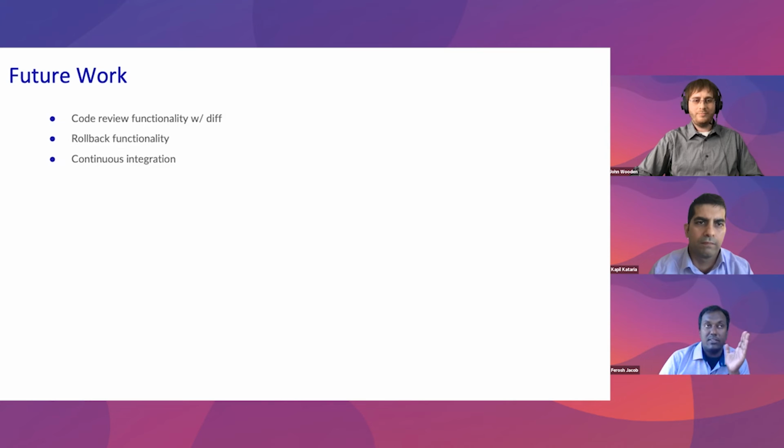There's a chance that integration can only happen in the prod environment, and once we see the integration, things do not work out the way we want and we have to roll it back. That functionality right now is still manual at some level. Even though we can see from our source repository what the changes are, applying the changes still needs to be done manually. So we want to automate that.